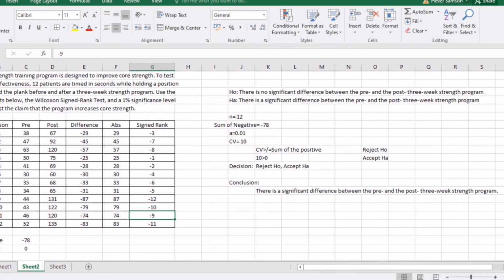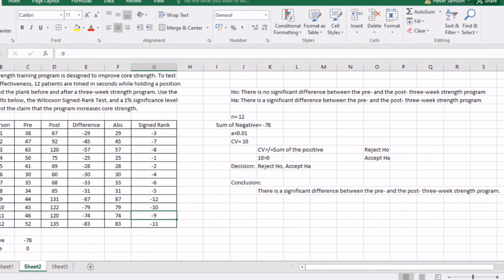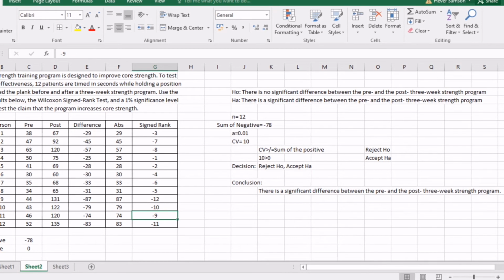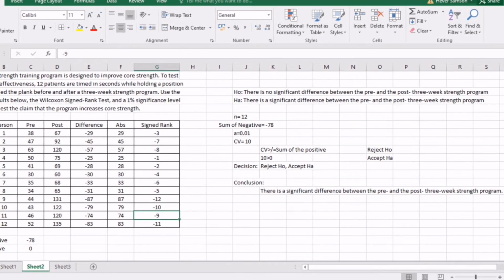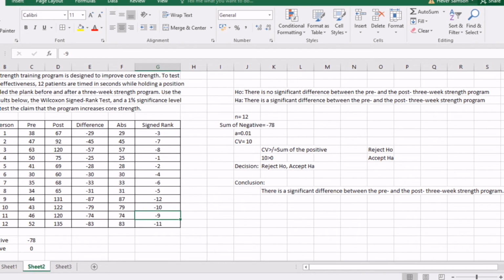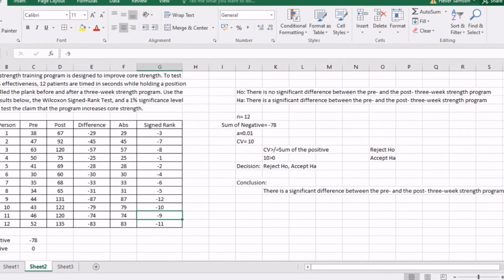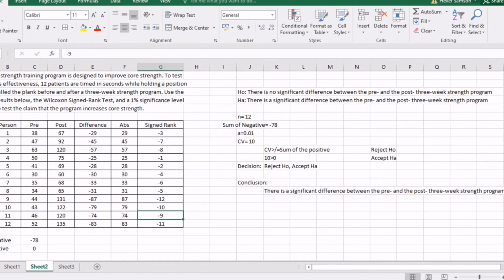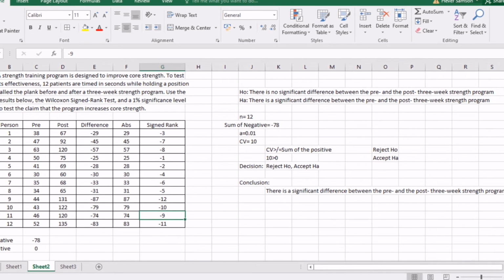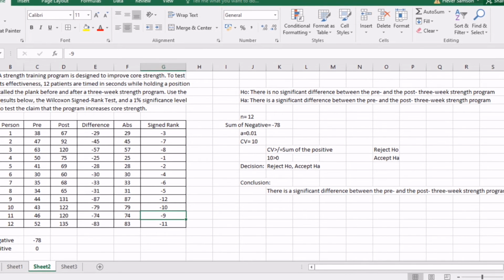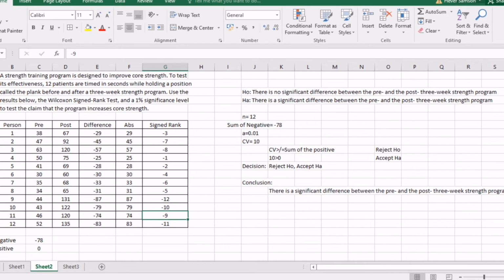If the critical value is greater than or equal to the sum of the positive, then we have to reject the null hypothesis and accept the alternative hypothesis. Our critical value is 10, and 10 is greater than 0, therefore the decision is to reject the null hypothesis and accept the alternative hypothesis.